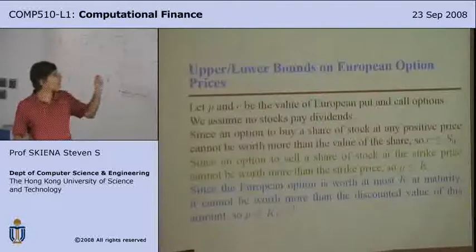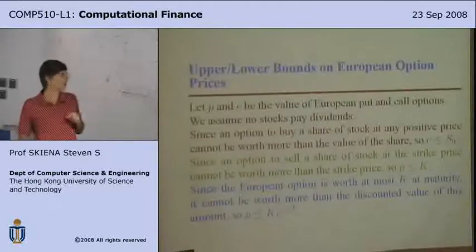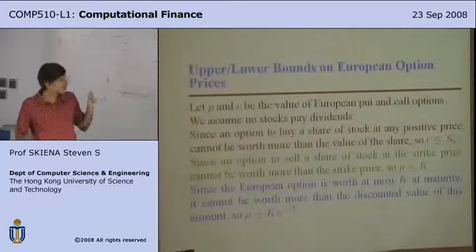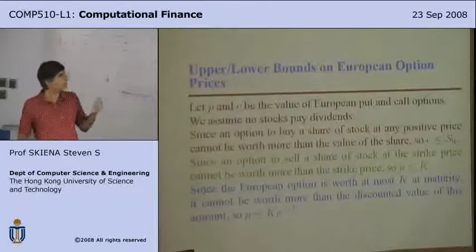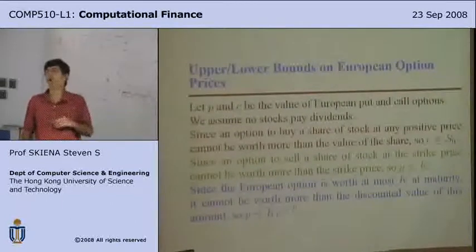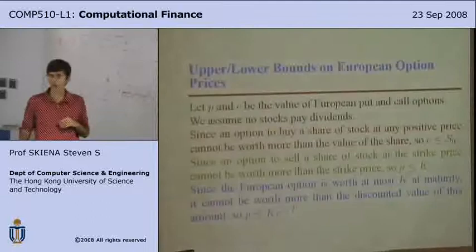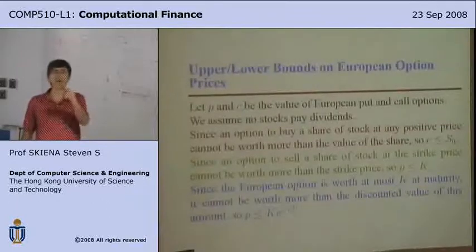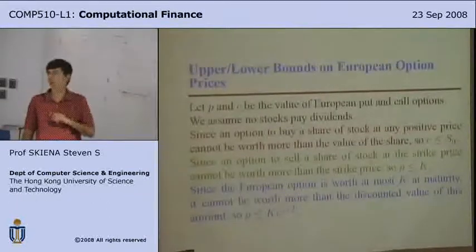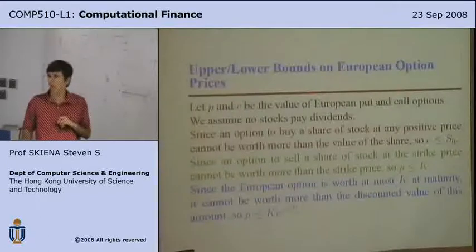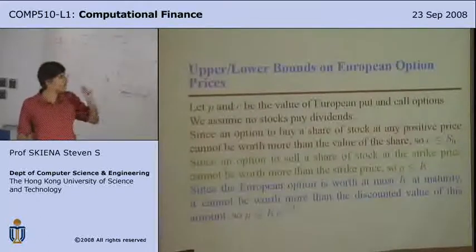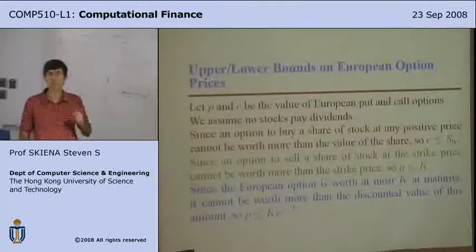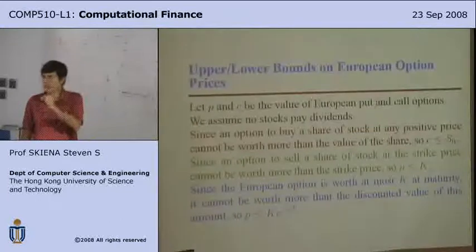Suppose I have a call option to buy it right now, okay, a call option to buy it for $0. What would it be worth? Well, it's worth the current price of the stock. A call option to buy it at a strike price of $0 would be worth exactly what the current price of the stock is.